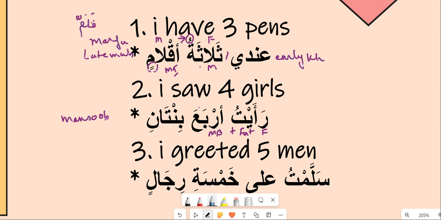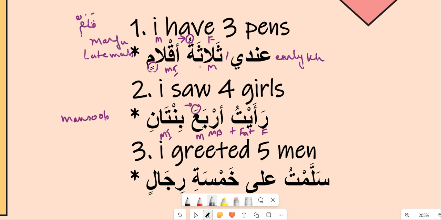That's why the mudaf, as you see, this is our idafa structure. Here we have mudaf and we have mudaf ilayhi. And now we have arba'a. The fatha is telling us that this is a mansub case, because the mudaf can change the haraka.